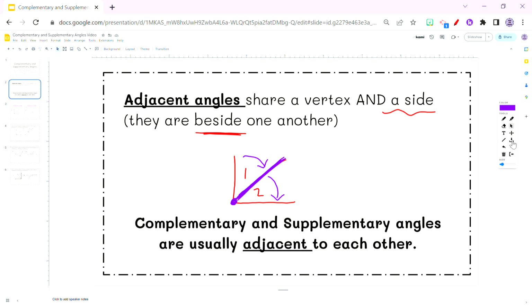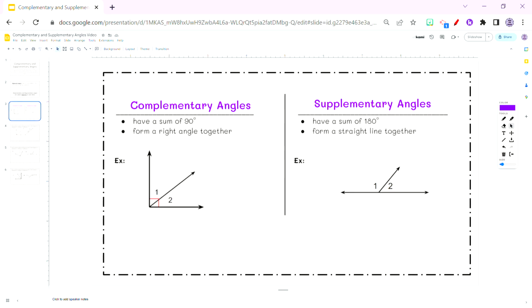So let's look at a couple of examples. Complementary angles, these are angles that have a sum of 90 degrees because they form a right angle together. So here is an example of what that looks like. So angle 1, let me get a pen here.